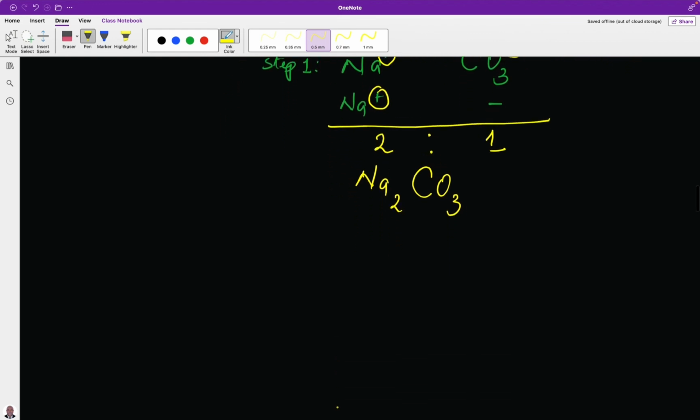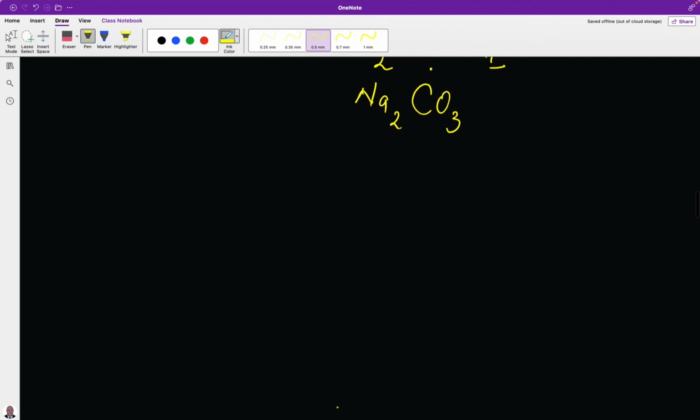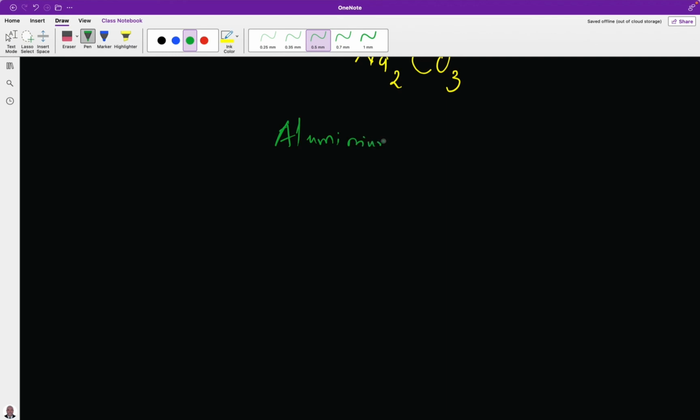Let's go to another example. The last example will be aluminum oxide, which we did the other time. Step number 1, write the ions involved.